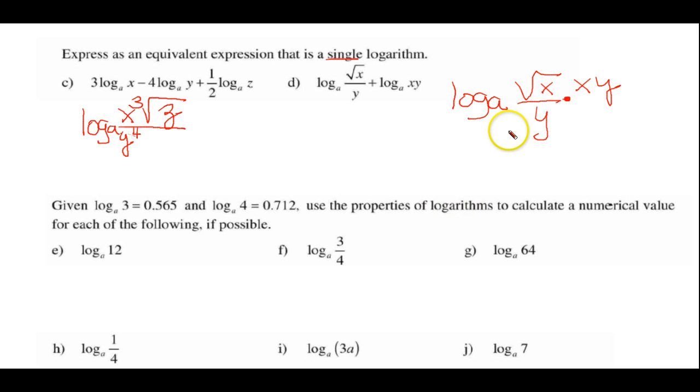Now notice when you have something like this, you can actually cancel out, and I'll show it in blue, this y with this y. So you end up with log base a of x, the square root of x. That's what you have left.